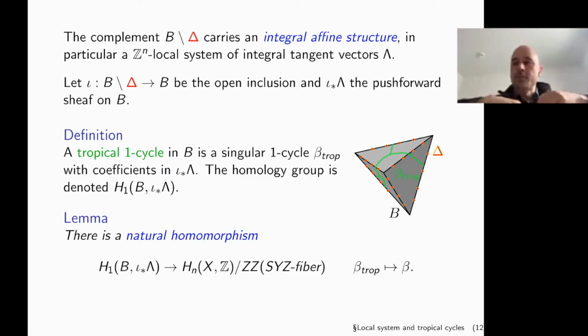We can take these tropical 1-cycles in the base, and we can map them to actual cycles in the smooth total space, just like what I did in the slide before, where I started with something in the base and produced something that fibers over it. There's a general procedure for doing this, where I start with a cycle in the base and associate something in the total space that maps to the thing in the base. And I always have to mod out the fiber of the fibration. So that's what you see here.